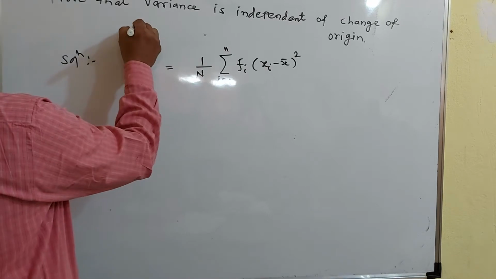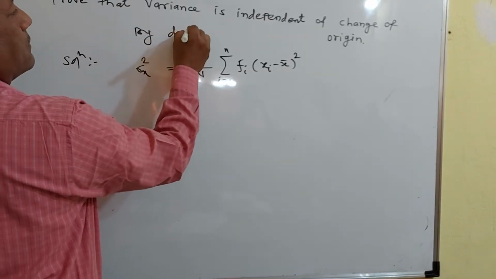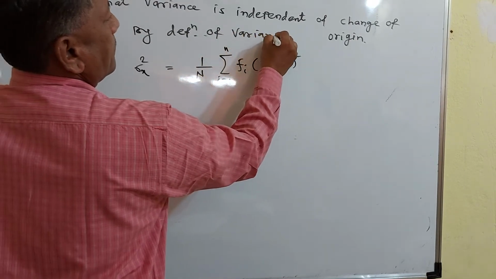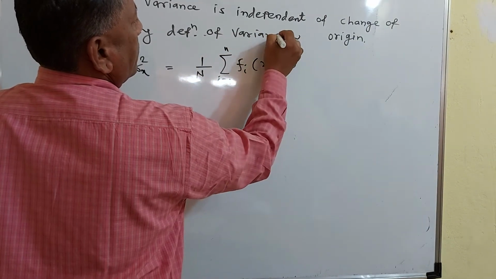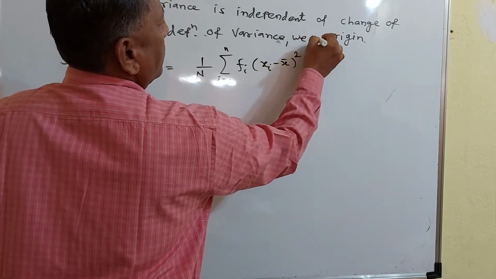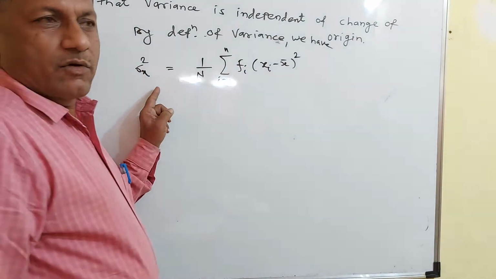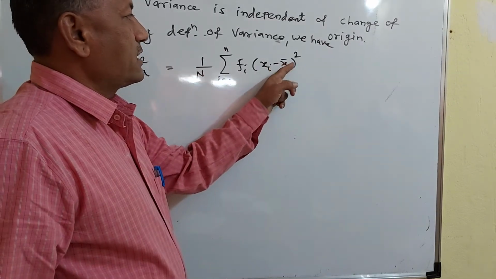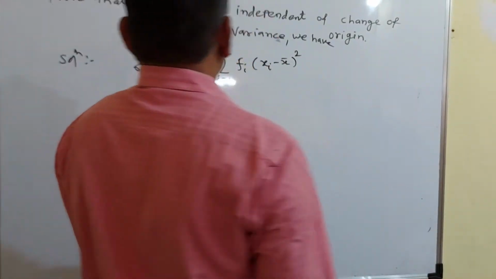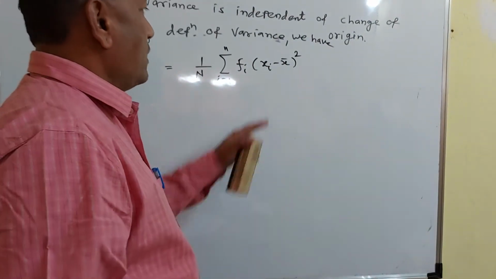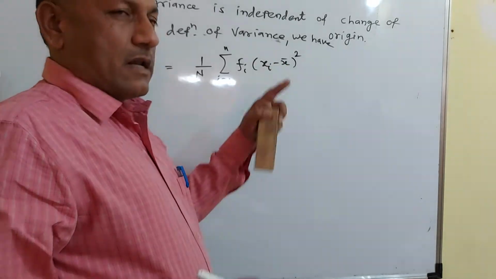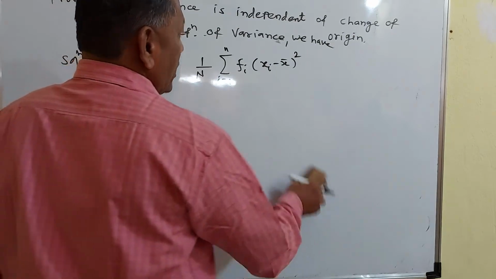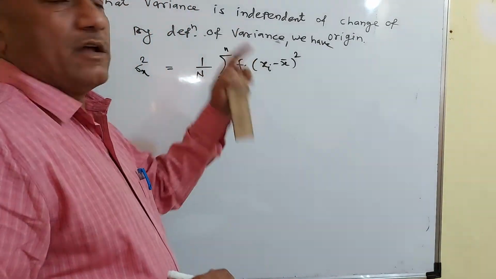Now by definition of variance we have sigma x square is equal to 1 upon n summation of fi into xi minus x bar square. And we have to prove that variance is independent of change of origin. Means in xi minus x bar, you subtract and add some arbitrary number here, then there is no change in the formula of variance.